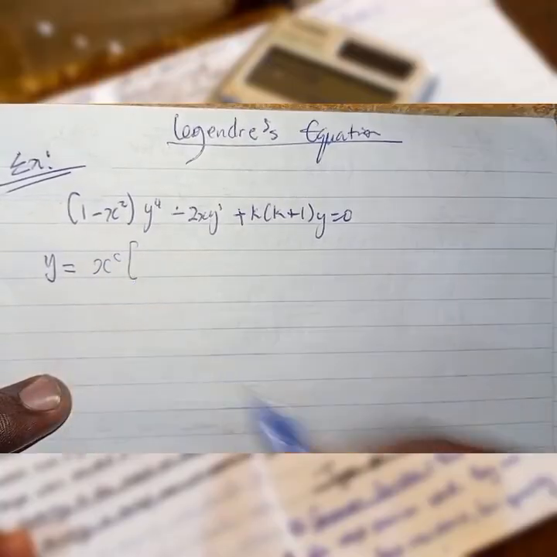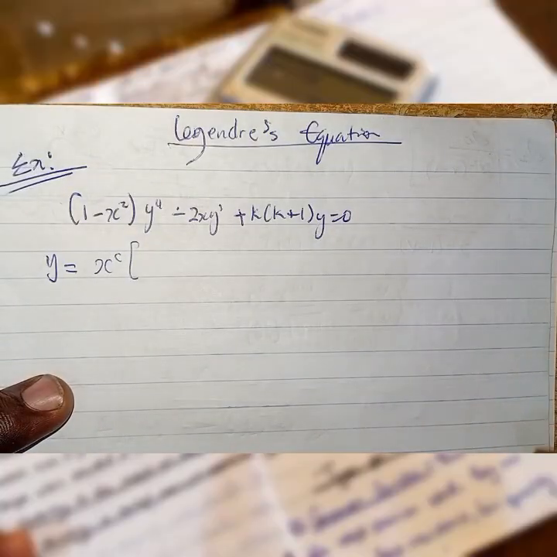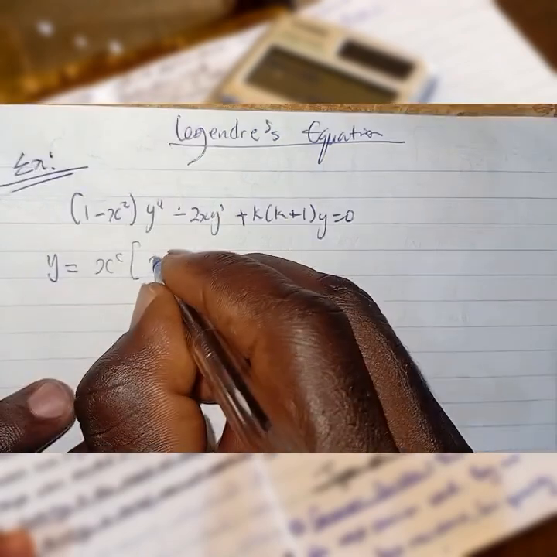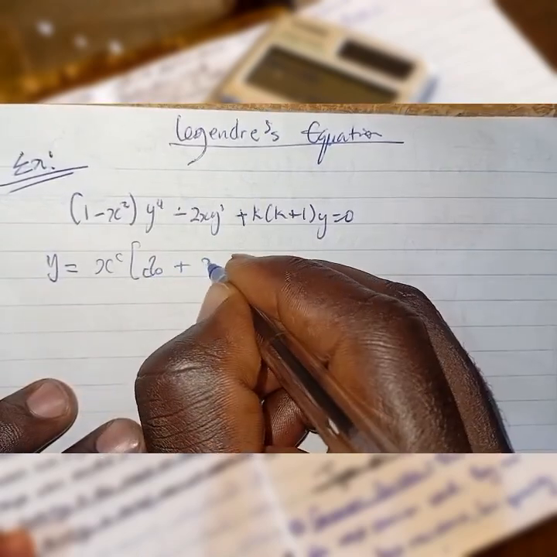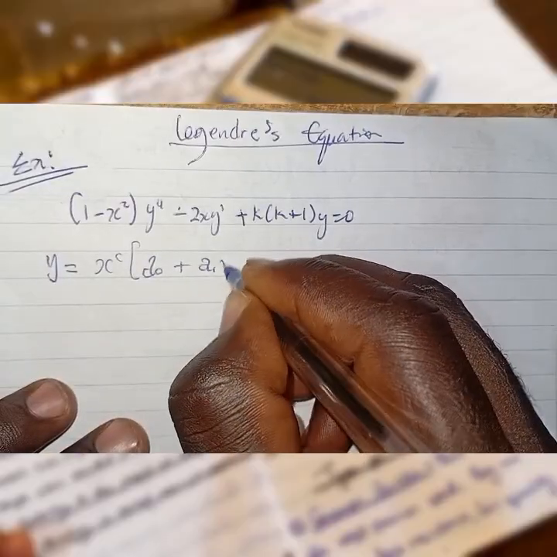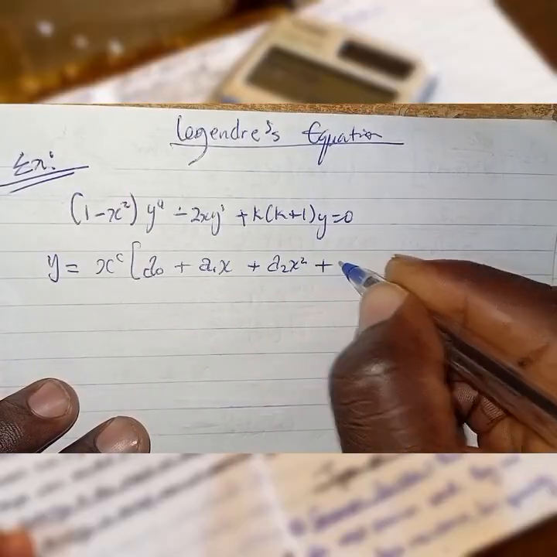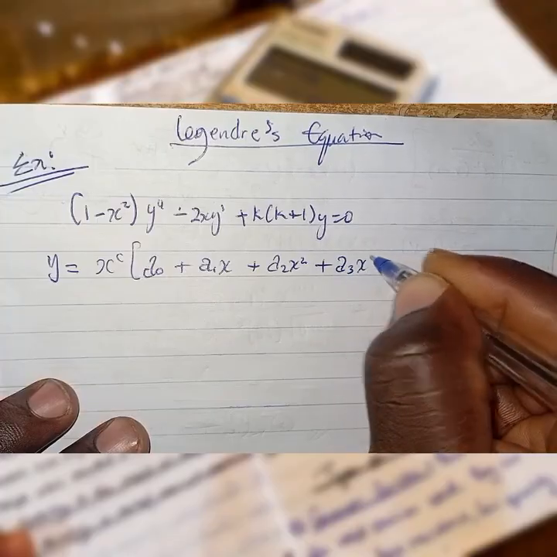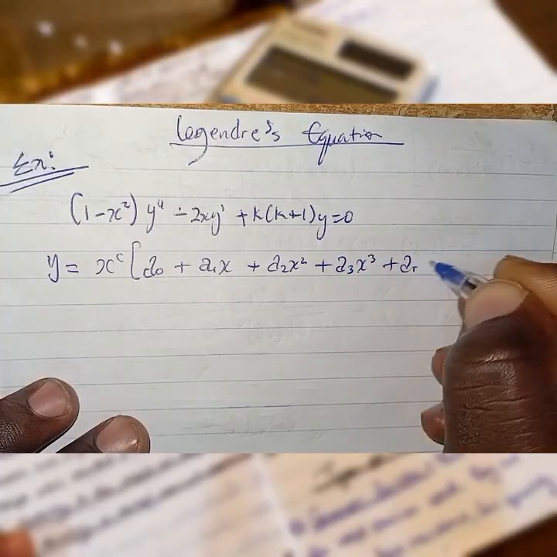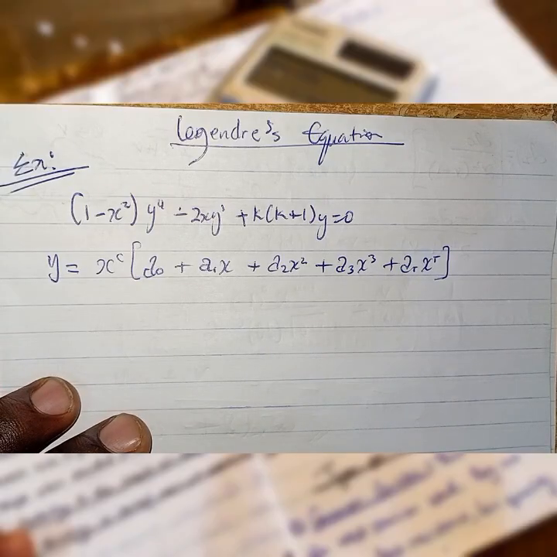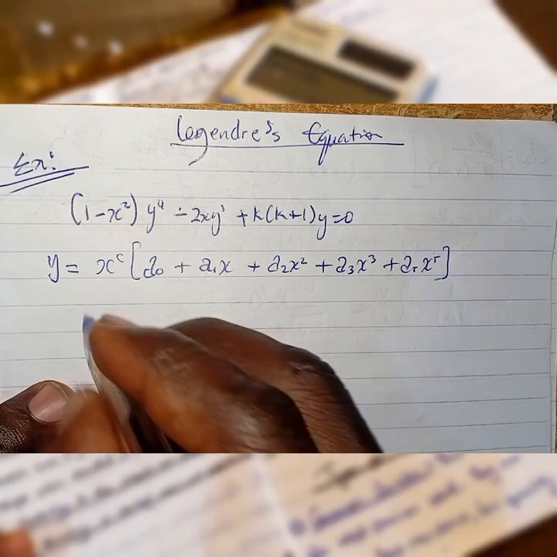It's the same method as Frobenius and Bessel; I'm still using the same method. y equals a0 plus a1 x plus a2 x squared plus a3 x cubed plus ar x to the power r. It might be a4 x to the power 4, a5 x to the power 5, and so on.